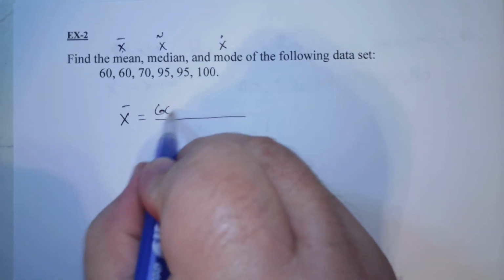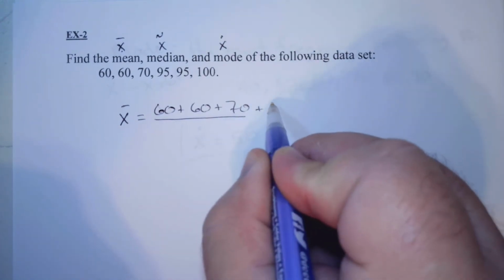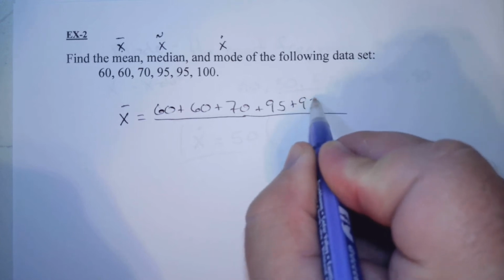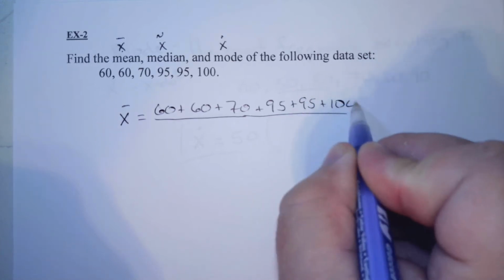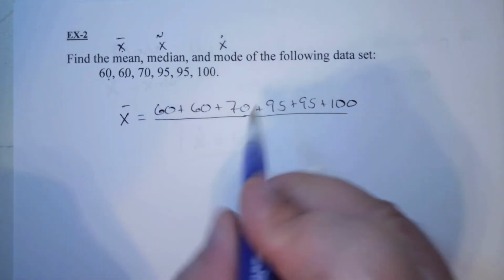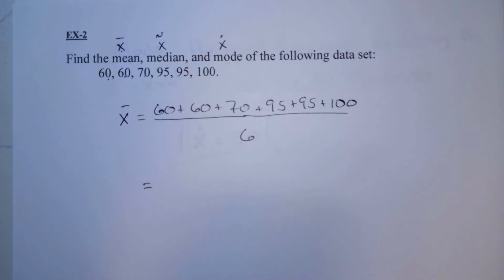We have 60 plus 60 plus 70 plus 95 plus 95 plus 100. 1, 2, 3, 4, 5, 6. We could do it in pencil and paper, but let's speed it up. Get my calculator here.